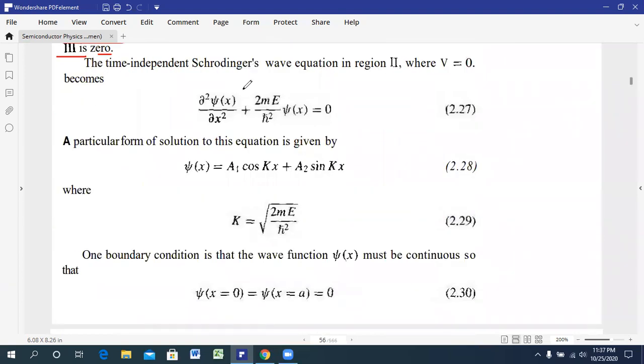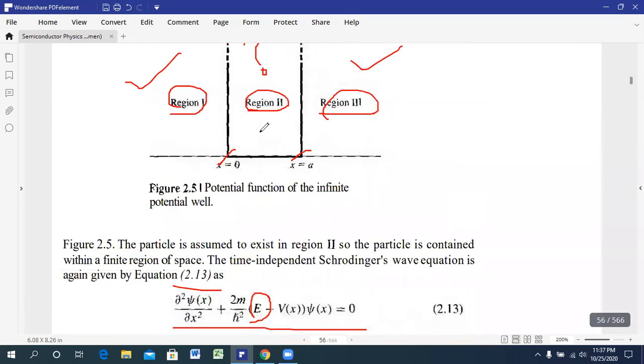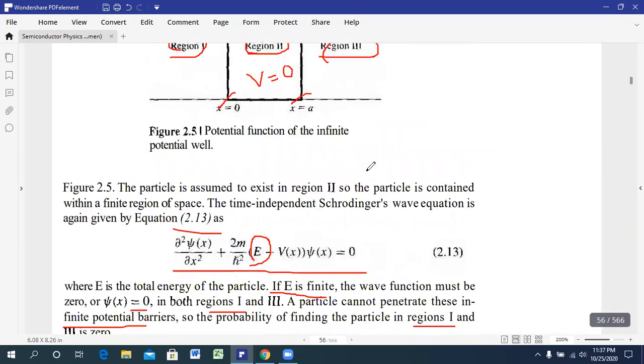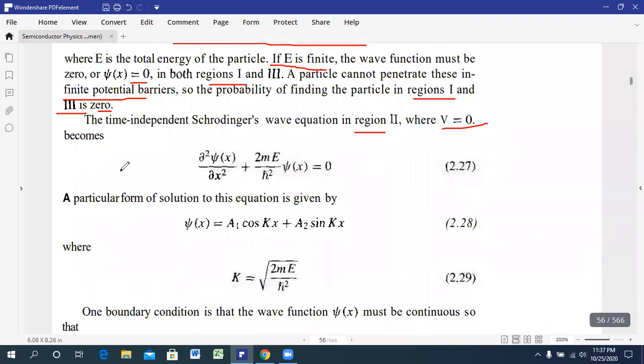Now for the time independent Schrödinger wave equation for region 2, where V of x equals 0, because in this region we know that V equals 0 here. So our equation should look like this. Now for the solutions, I think you know from your first semester the solutions of second order differential equations.